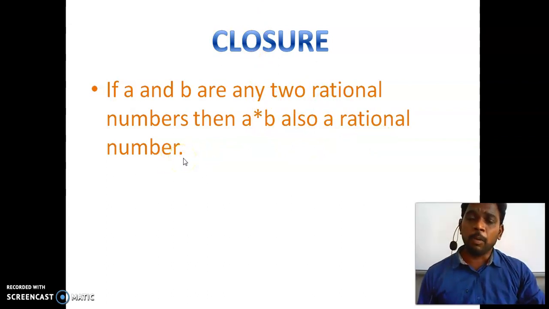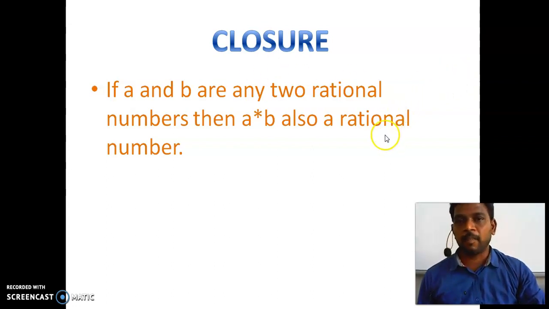That is, we are going to check the result of A star B, whether it is a rational number or not. That's it. Right? So if you want to check the closure property for rational numbers, it is enough to choose any two rational numbers, operate on them and check the result. If the result is also in the form of a rational number, then the rational numbers satisfy the closure property. We can say like that.